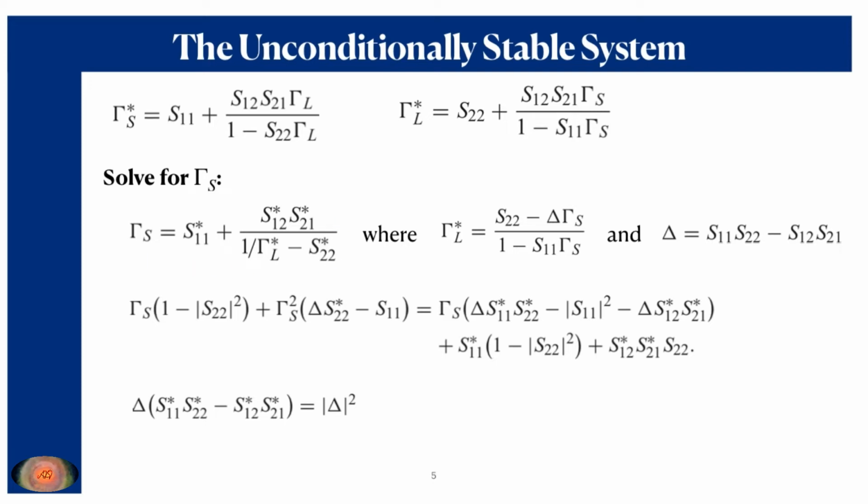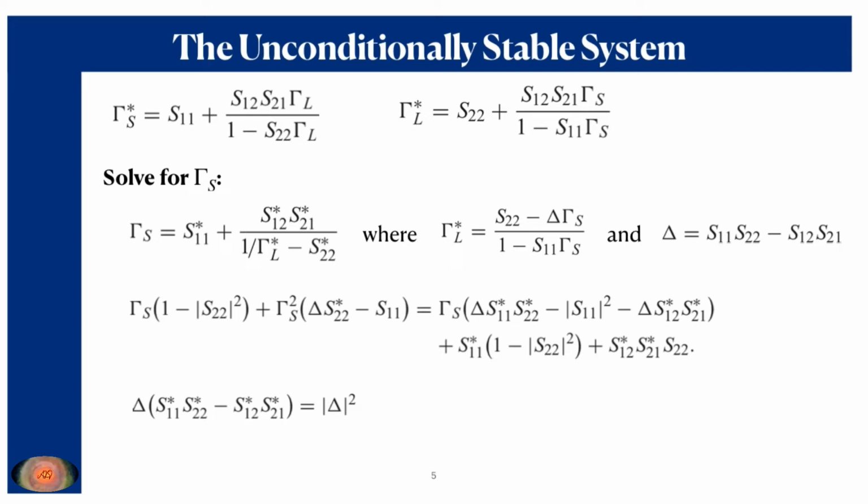In this expression I have just divided the numerator and the denominator by this gamma L, and when the conjugate is taken, the gamma L conjugate should appear, and thereafter this expression results. For the conjugate of this gamma L, I already have an expression, which I have used in many of my previous lectures associated with amplifier design, and that expression I have summarized into this parameter delta, and here I have placed this delta in the expression of this gamma L.